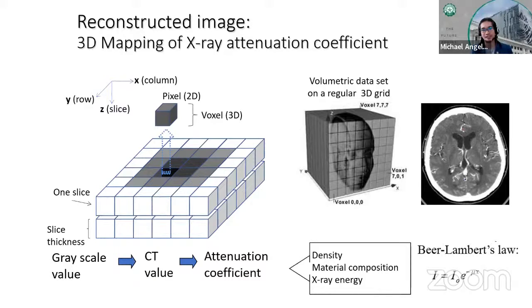When we refer to a slice, this is actually one cross section, and you stack them up to produce the 3D image. And we are looking at the slice as an array of voxels. Your voxel is your 3D pixel in your digital image. If you're familiar with your smartphone image, you have pixels, right? But in this case, you are looking at the pixel with thickness, and we call that a voxel.